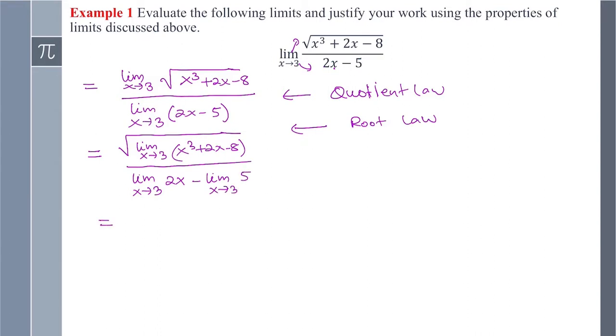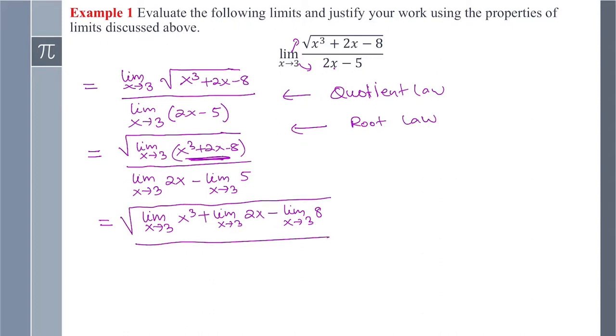Now the next one, I can use the sum and difference law for this one here. So I can write limit as x approaches 3 of x cubed plus limit x approaches 3 of 2x minus limit x approaches 3 of 8, and everything is inside the square root, divided by, here I can use the constant multiple law.